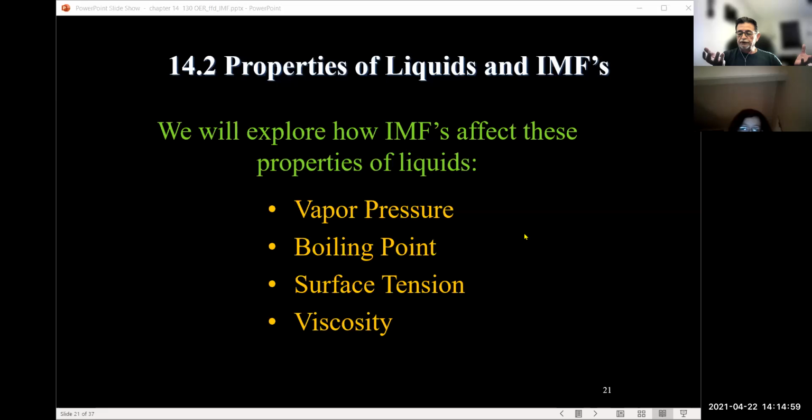If it's polar, then we determine, is it hydrogen bonding or dipole-dipole? We're dealing with the three forces, not the last one, the ion-dipole force. When we do comparisons, we're dealing with just the three: the London forces, dipole-dipole, and hydrogen bonding.